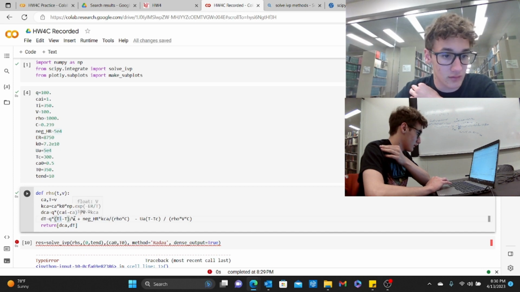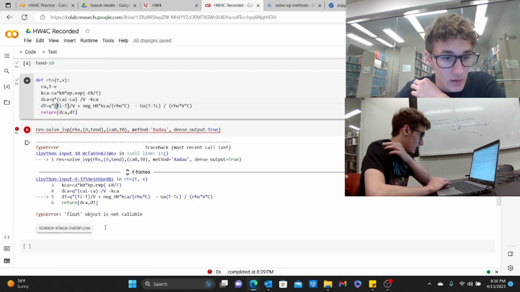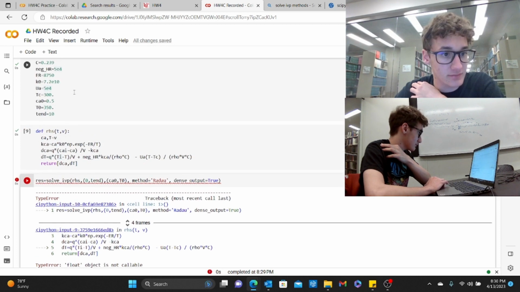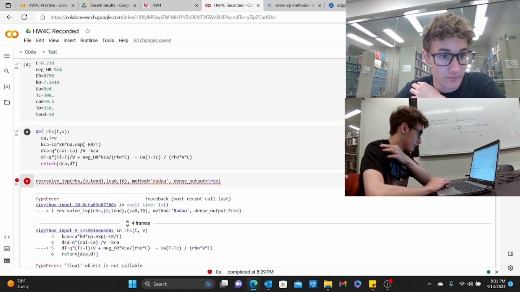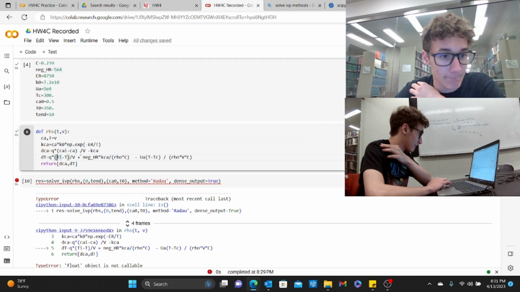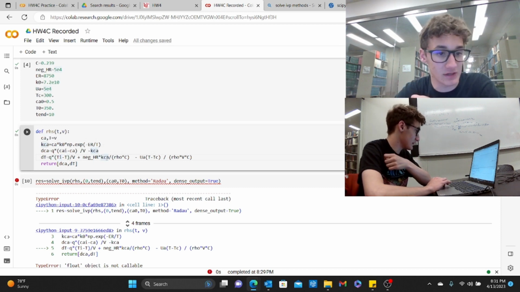Okay. Good. Good. So this is saying that DT, float object, is not callable. So I'm obviously missing something somewhere. The only thing I can think of right now is that it's going to be KCA is having that issue.